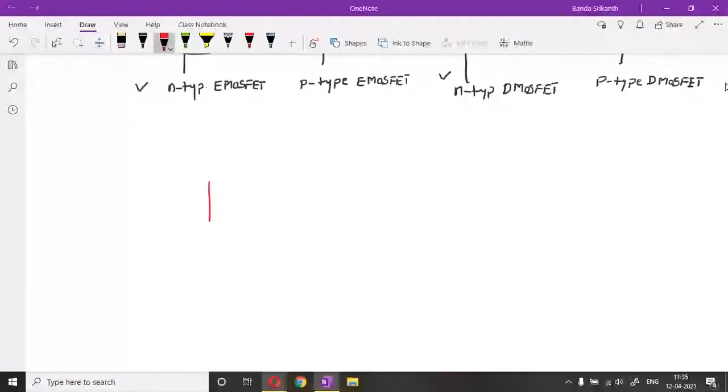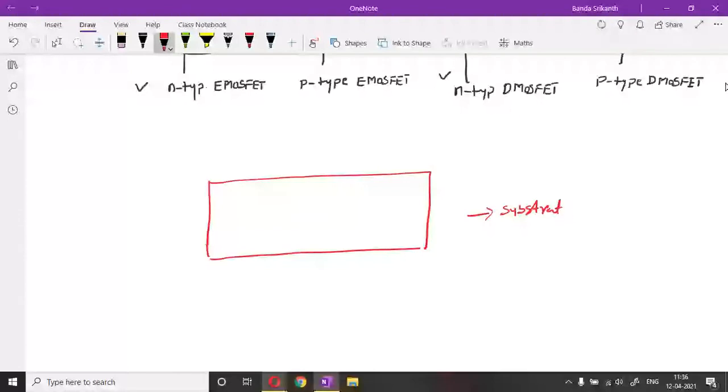How the MOSFETs look, I already explained. Any MOSFET will be designed on one material, silicon, that is called the substrate. Substrate means the material on which you design your transistor.